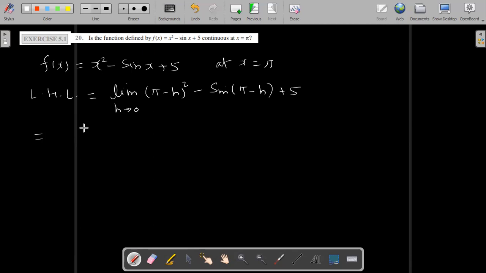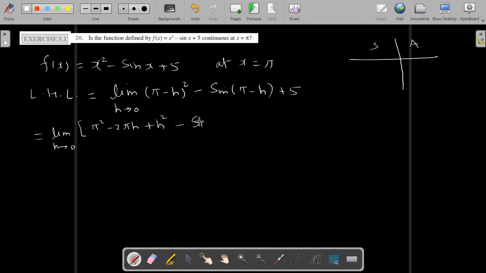So limit h tending to 0, we should solve, then put the value of h always. So this will be pi square minus 2 pi h plus h square. Sine 180 minus theta, do you know? Second quadrant 180 minus theta, all positive, sine is positive. So sine 180 minus theta is sine theta.